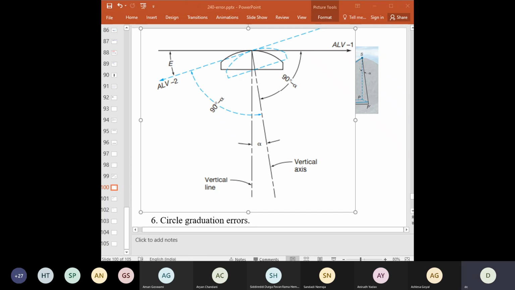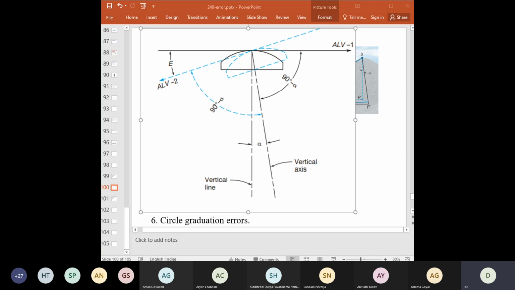The angle between the axis of the level vial and the vertical axis is still 90 minus alpha, as shown here, and it is indicative of misleveling, or the bubble being out of run, and this is E. So the capital E is where it is now. From this geometry, we can see that this capital E is equal to twice alpha, which comes from the basic geometry.